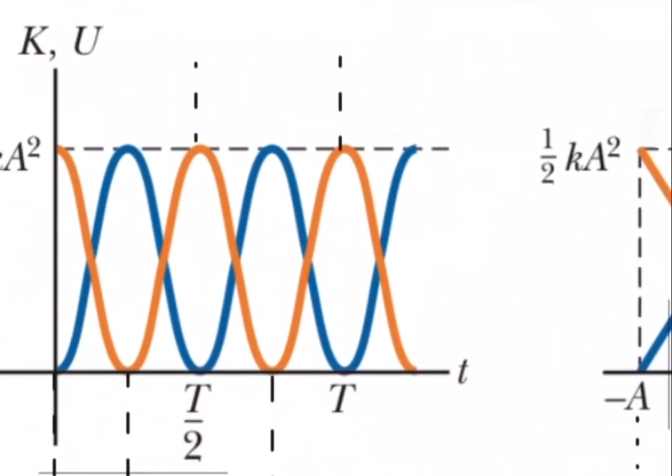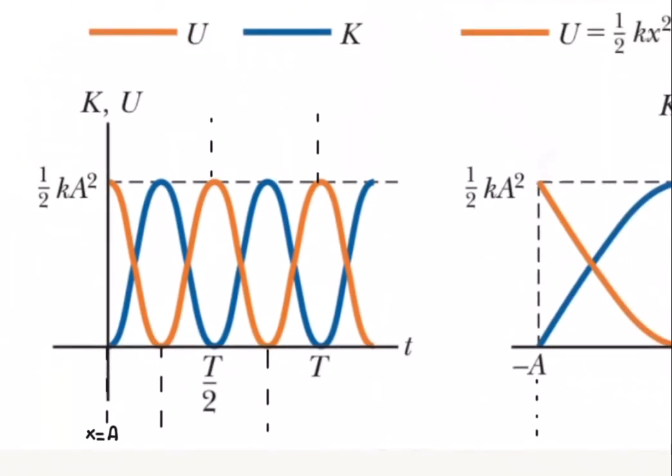So the kinetic energy is 0, so it has reached its maximum point in the oscillation. It's the maximum restoring force that I feel. It will be equal to minus ka, and at this point the potential energy is maximum.